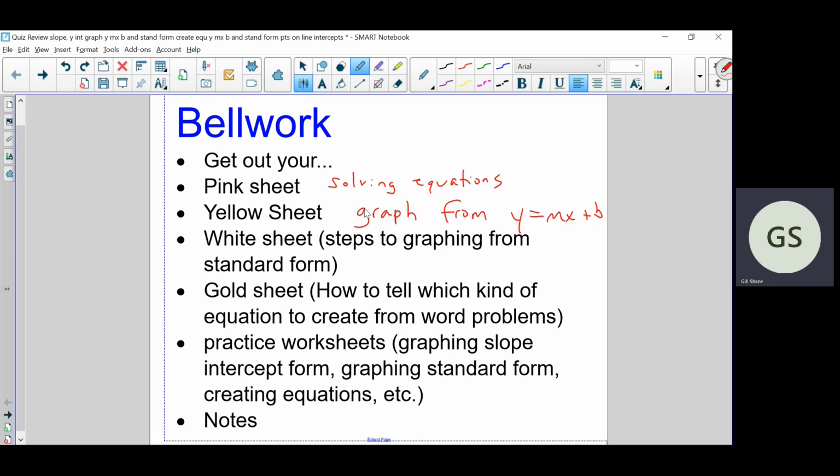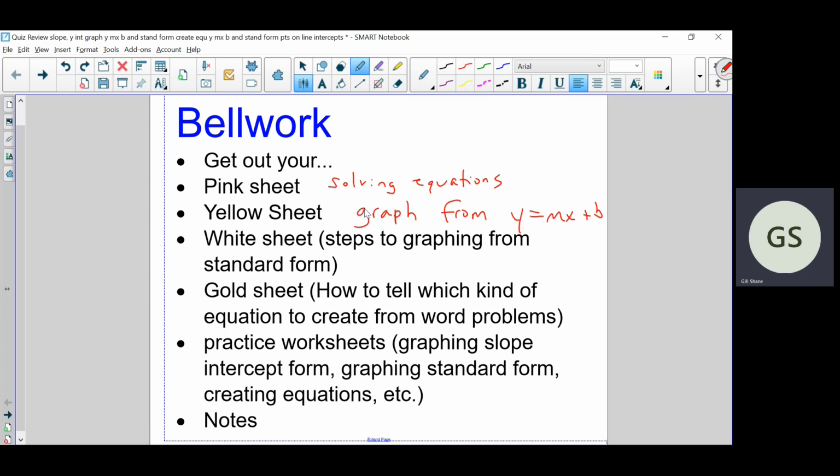Do you have the white sheet that says steps to graphing from standard form? It's got an example worked out with a graph at the bottom of it. Oh, actually, this is not a bad one, too. If you have this, I didn't write this up there. Boy, I'm glad I saw that. This will help you if you struggle a little bit to pull out the slope and the y-intercept.